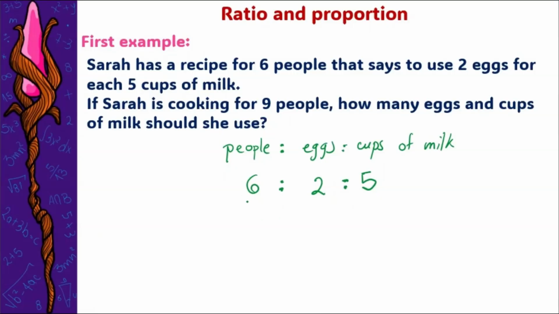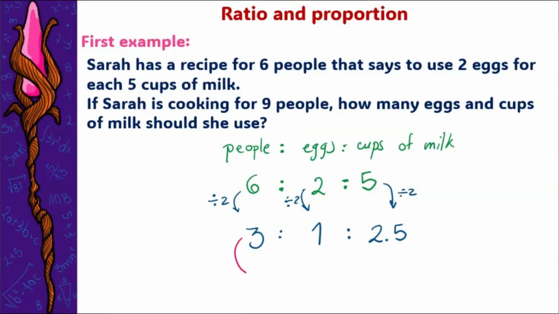So notice if we divide 6 by 2, we get 3. And then we could multiply by 3 to get the 9. So we are basically finding equivalent ratios that are going to give us the right proportion for 9 people. So first we divide by 2. So it's going to be 3 to 1 to 2.5.